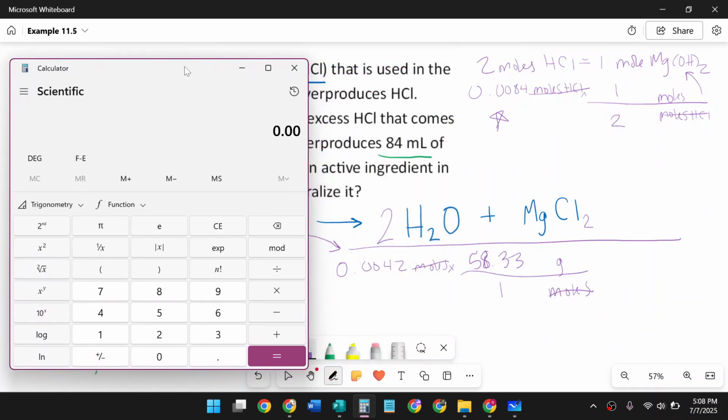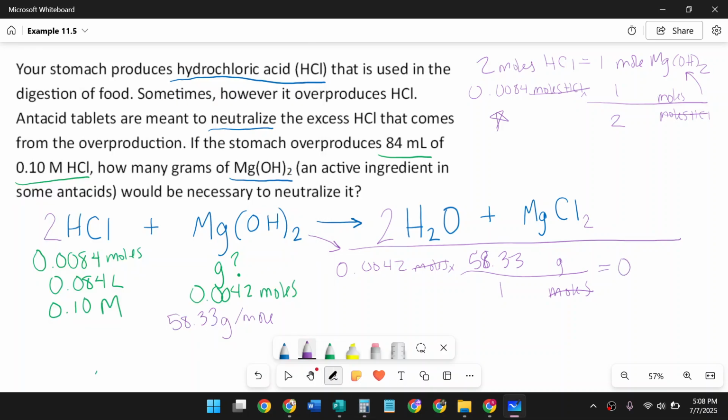So 0.0042 times 58.33, and we only get 2 significant digits because of the 0.0042. Only the 4 and 2 are significant figures, so we keep 2, so 0.24. So that equals 0.24 grams, and that's what we were going for, how many grams of Mg(OH)2.